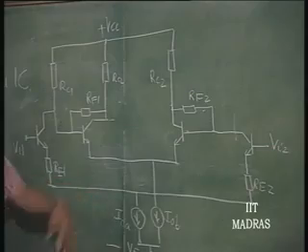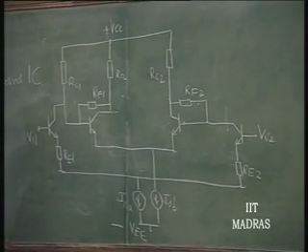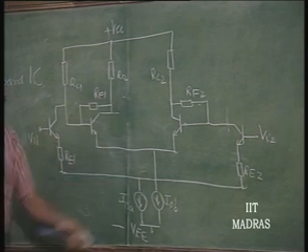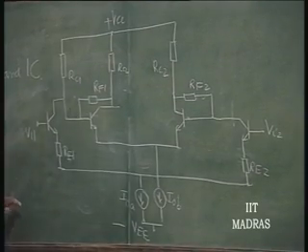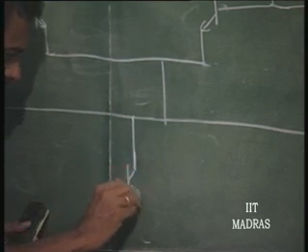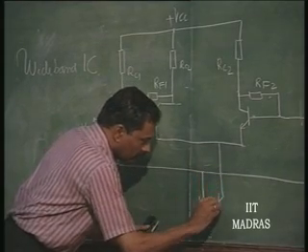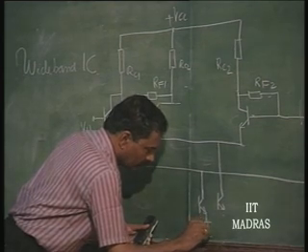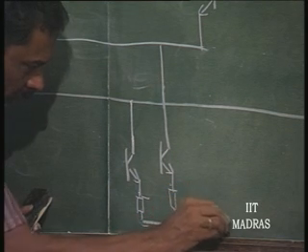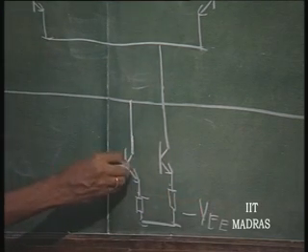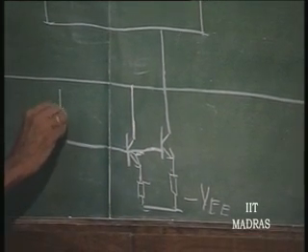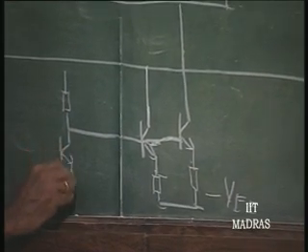So, these current sources once again can be obtained by using current mirror techniques which we have talked about. Again these can be represented by transistors, and it can be obtained by our current mirror technique or whatever it is.